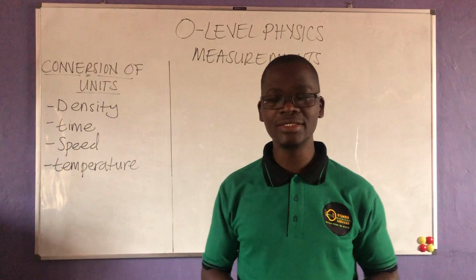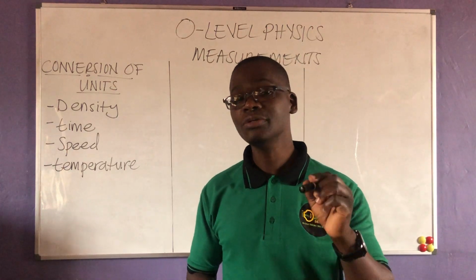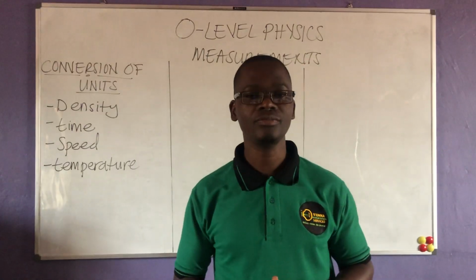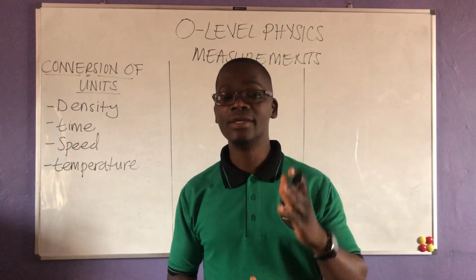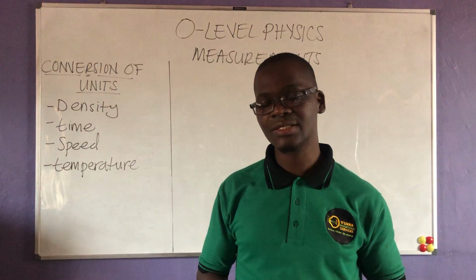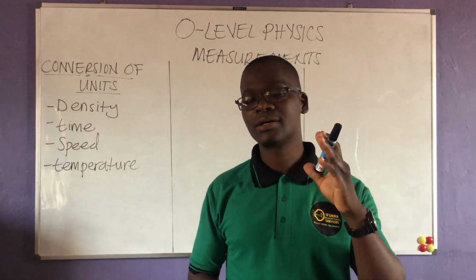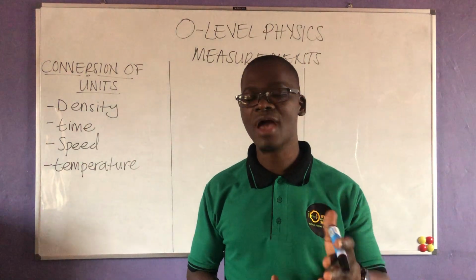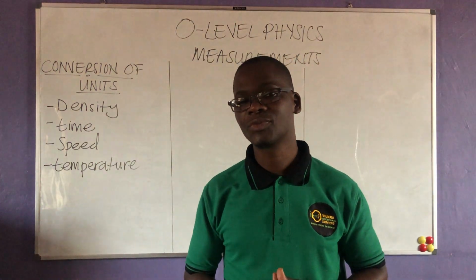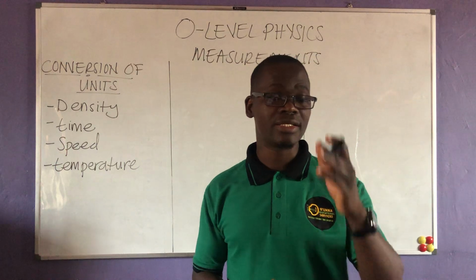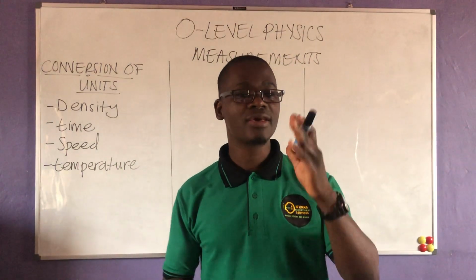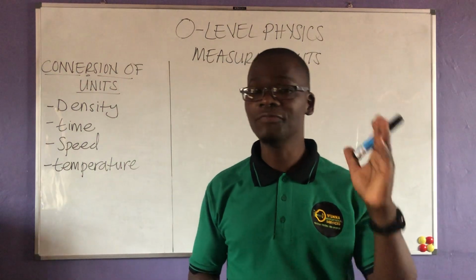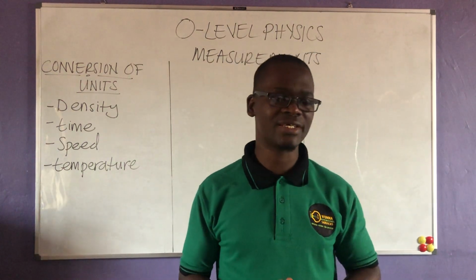To start with density, the definition of density is derived from its formula. Therefore, density is defined as the mass of a substance per unit volume. Or we can also say that density of a substance is defined as the mass per unit volume of the substance.